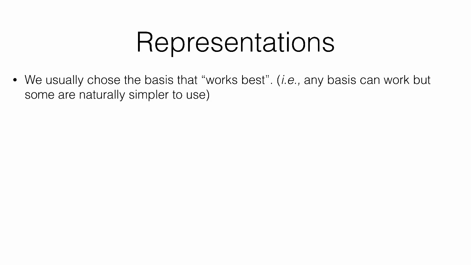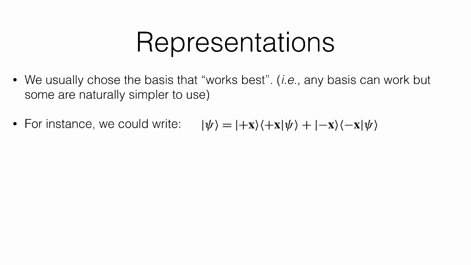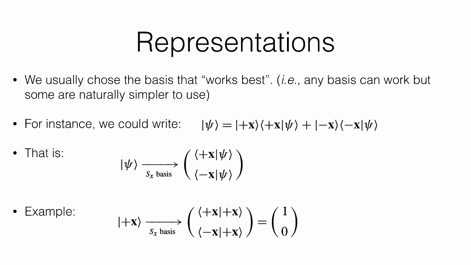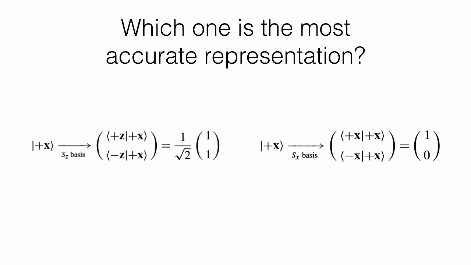But if most of the Stern-Gerlach experiments I'm interested in are SGZ, well, the plus Z minus Z representation is probably the best. So we could write, for example, a state vector on the plus x minus x basis, just like this. And then, of course, write a column vector, which is different depending on the basis you use. Nothing really surprising, other than the fact that you should remember that.